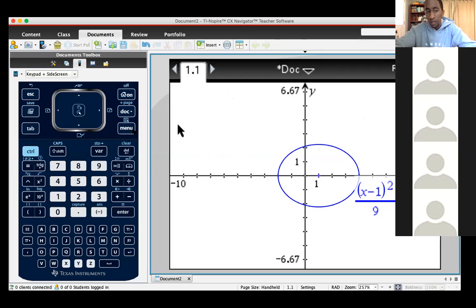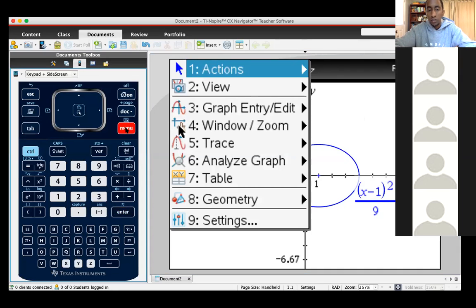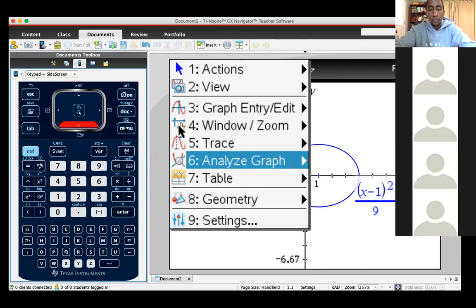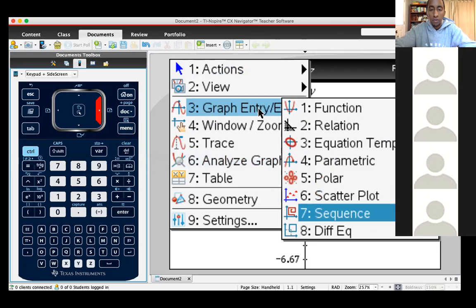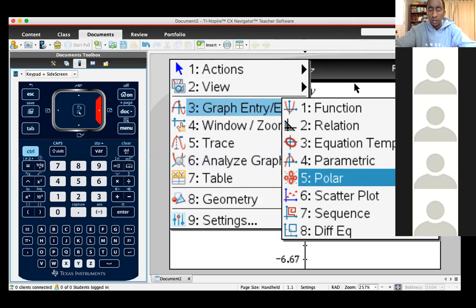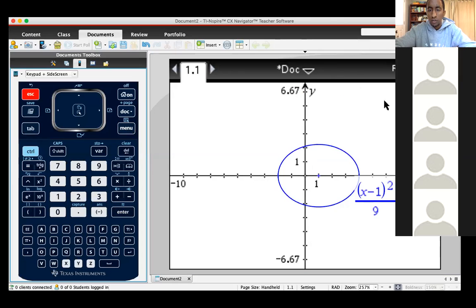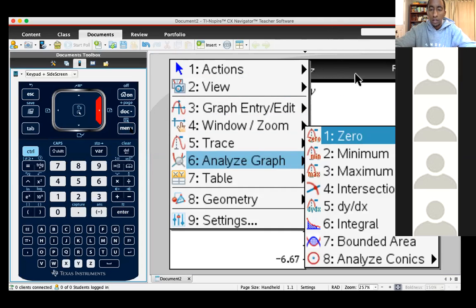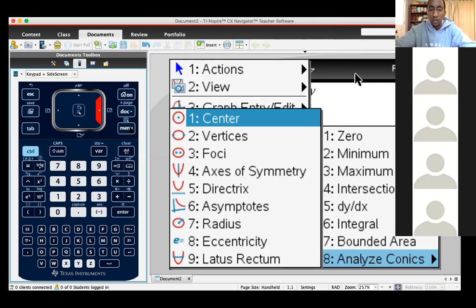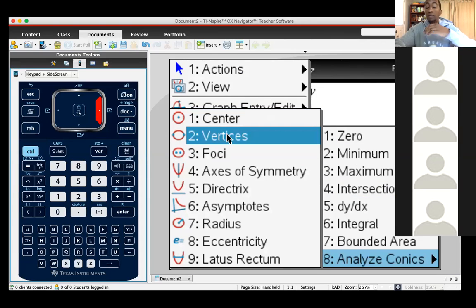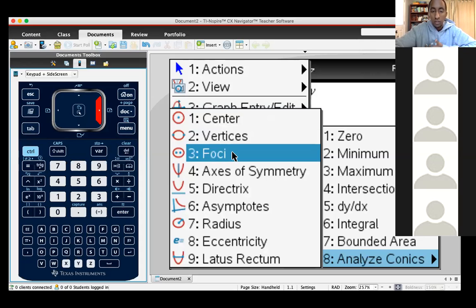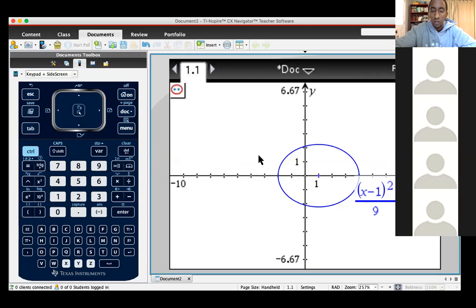But if you have the regular Inspire, just so you can see, there's a feature here when you go to menu and then analyze graph. Are y'all looking at my calculator right now? Yes. So if you go to menu and then analyze graph and then analyze conic, some of the different features come up. Let's say you wanted to check the foci, you can click this, and when you highlight over it, it'll show you the foci, which is what our original question said, -1, 0 and 3, 0.